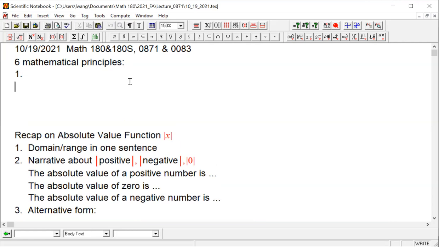The first one says any number times 1 stays the same. And the second one says any number plus 0 stays the same, right? These are statements. You can use them anytime.